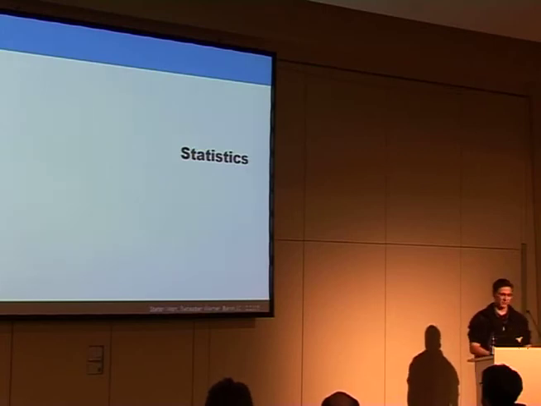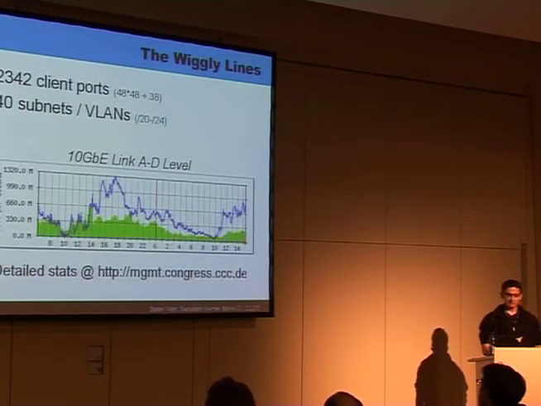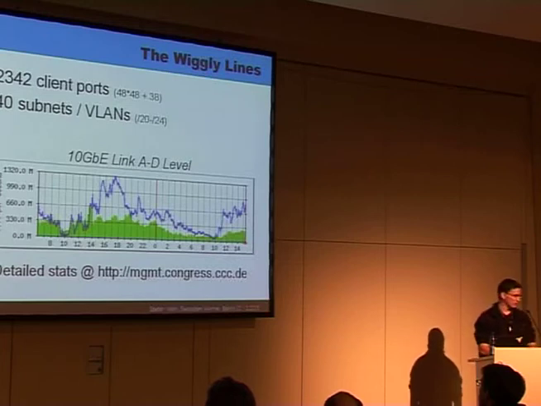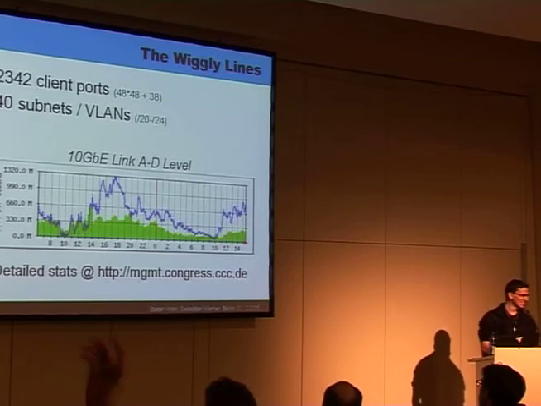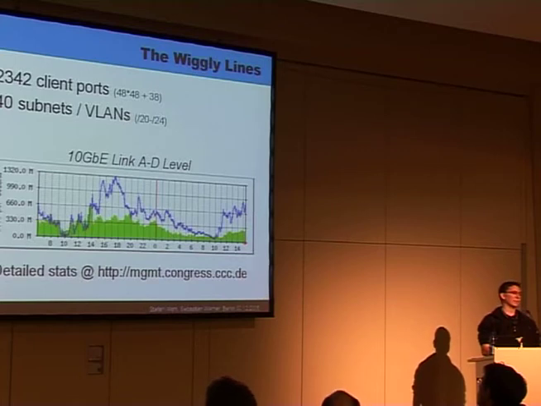Okay, then let's present some statistics. We had actually 2,342 network ports. That's no joke. We had 40 separated virtual LANs, VLANs, and of course we had 40 subnets.